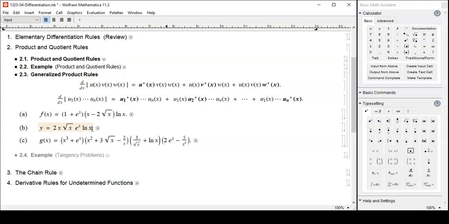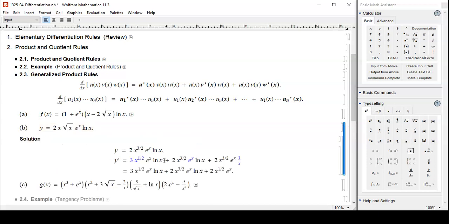Now how about this one? At first glance it looks like 4 multiplication, but actually there are only 3, because x times square root of x, you can combine those into a single power function, x to the 3/2 power. Turns out like this.